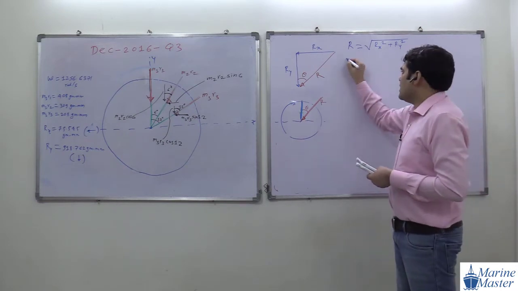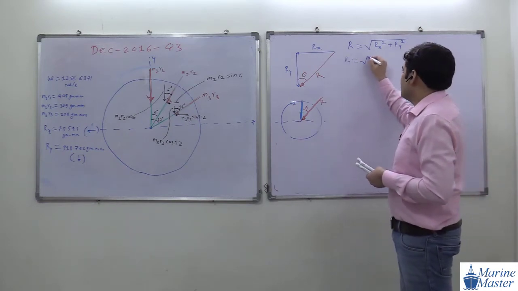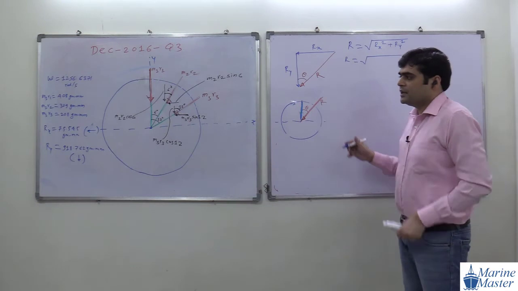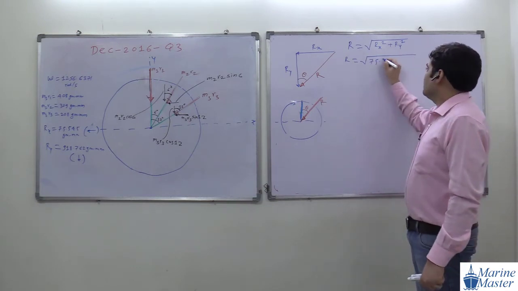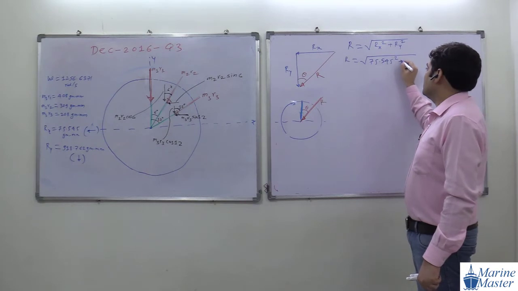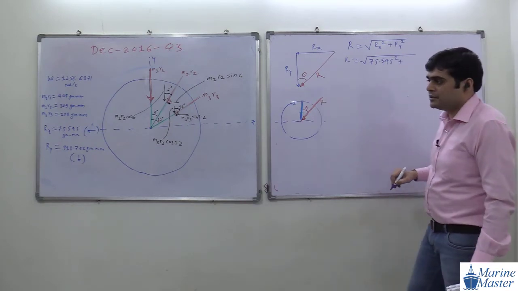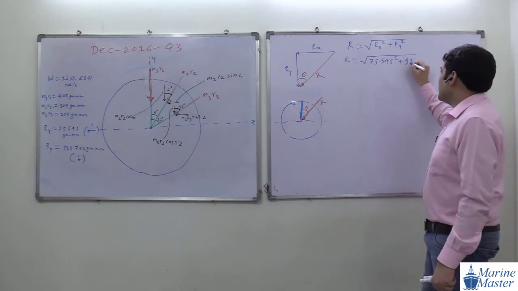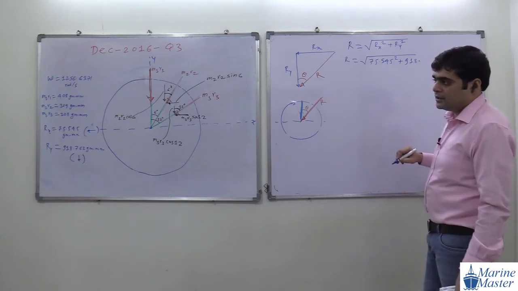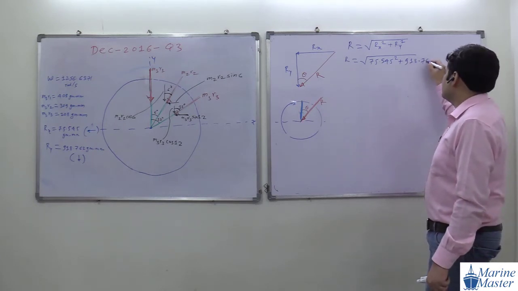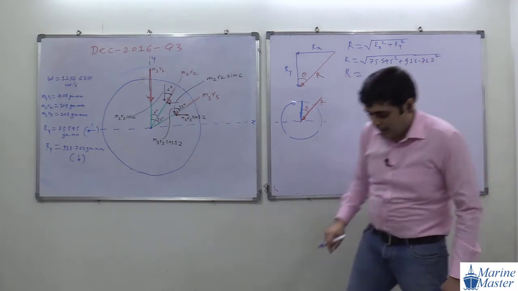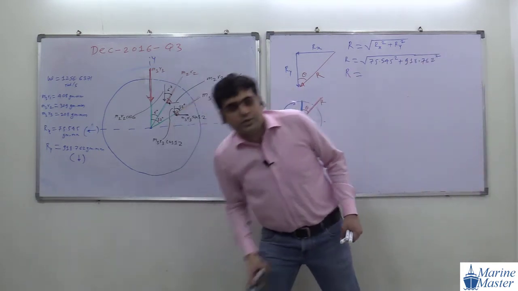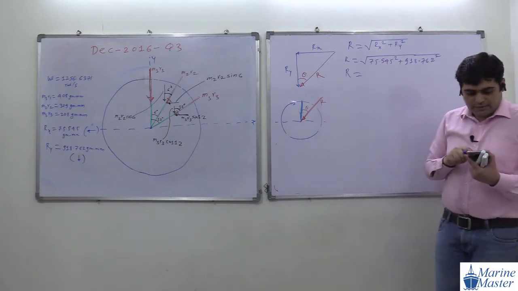So R is equal to under root of 75.545 square plus Ry, which is 918 point square. Please do the calculation and tell me the value of R.